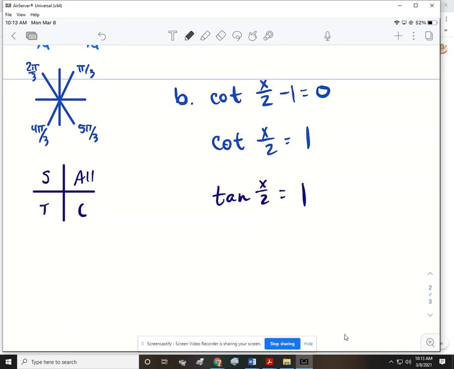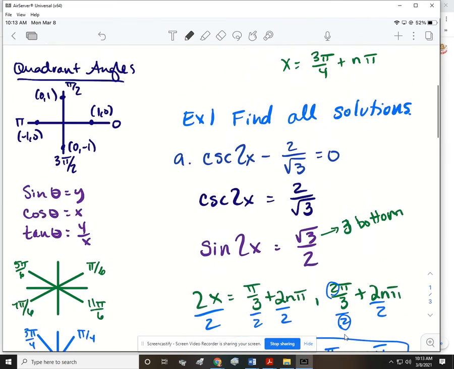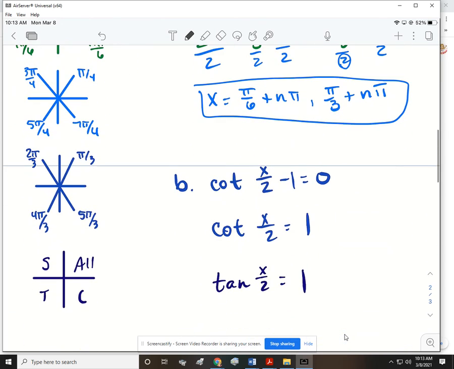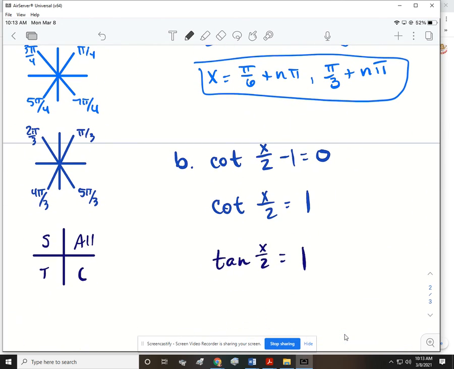Now, you are not going to get 1 for a tangent from the quadrant angles because you're dividing y divided by x. And so if you take those ordered pairs and divide the y by the x, you're never going to get 1. So this actually comes from the hand trick.